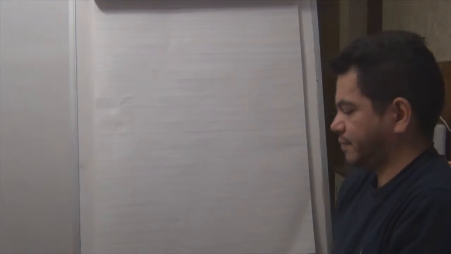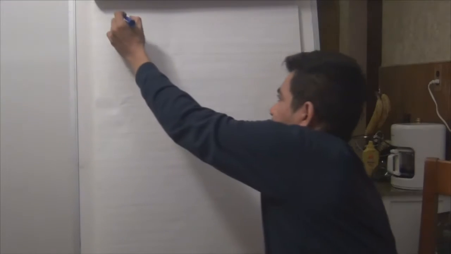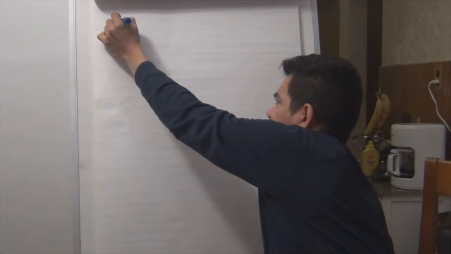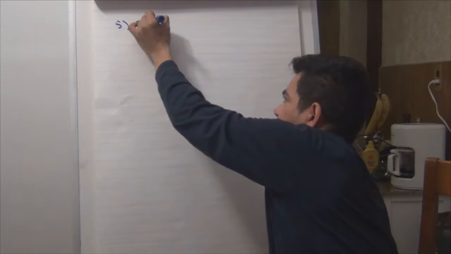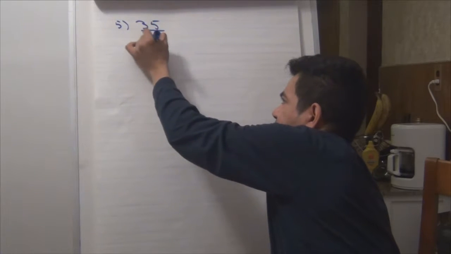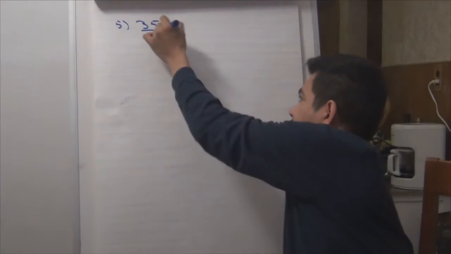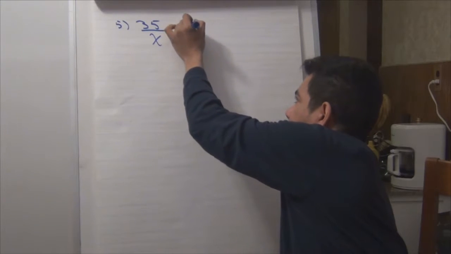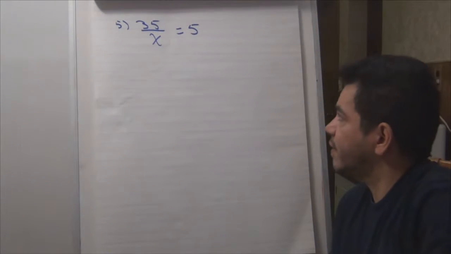Okay. So let's continue with one-step equations. They're the easiest ones to do, but you have to be careful. All right. So let's have something like this. 35 divided by x is 5.